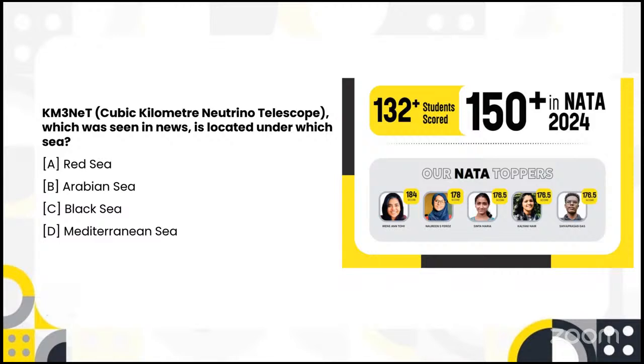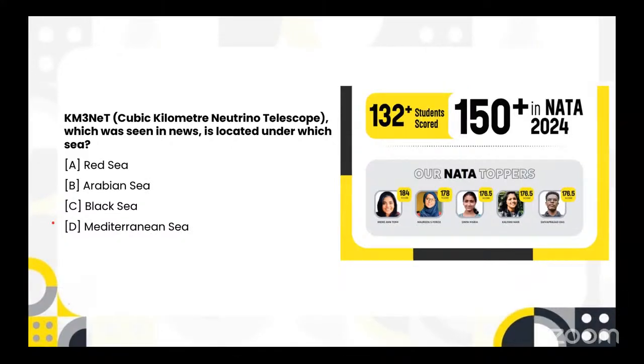The purpose is to detect high energy neutrinos beneath the Mediterranean Sea. So they have kept it in the Mediterranean Sea. So you need to understand what this neutrino is. Neutrinos are very tiny electrically neutral particles. They won't have any charge, they are electrically neutral.